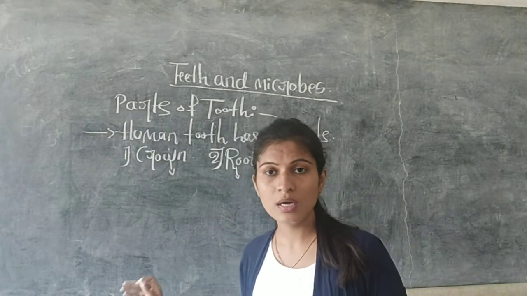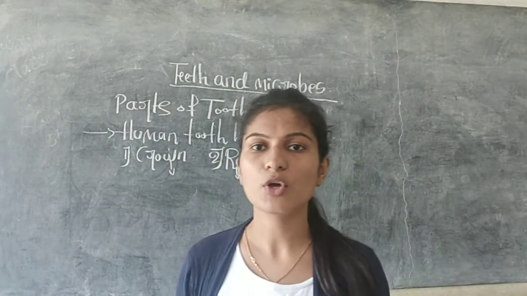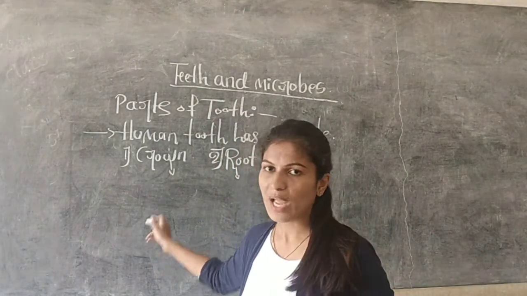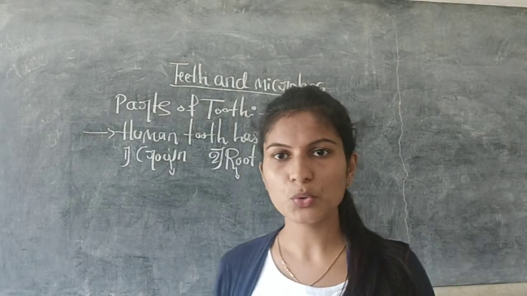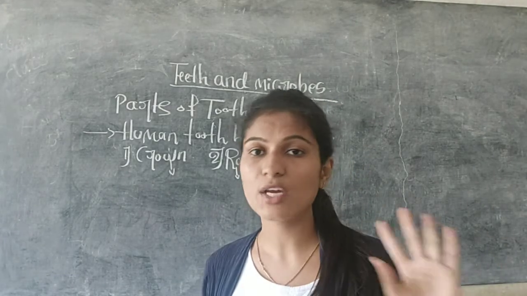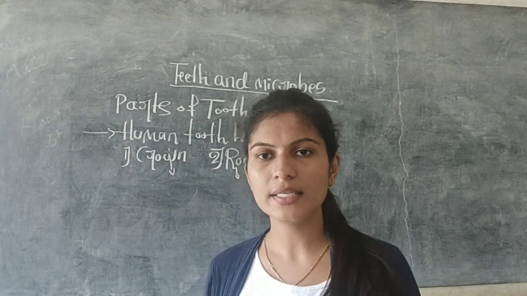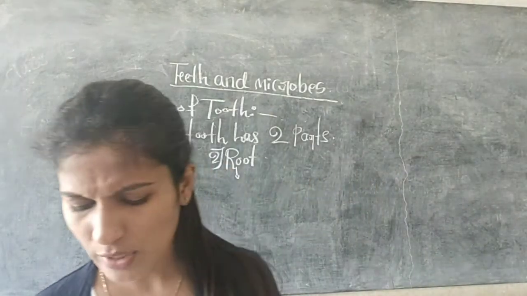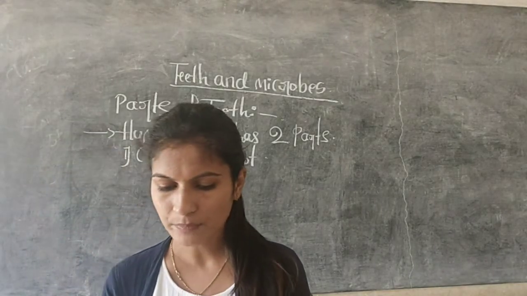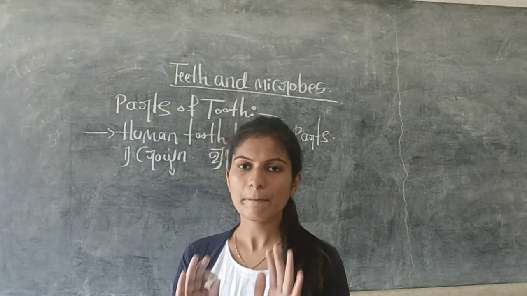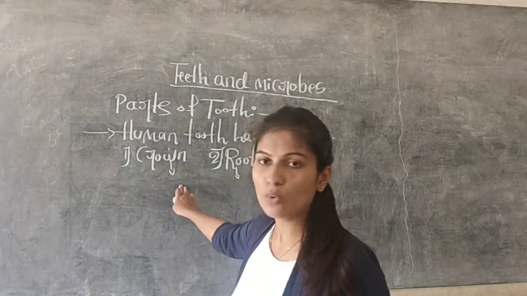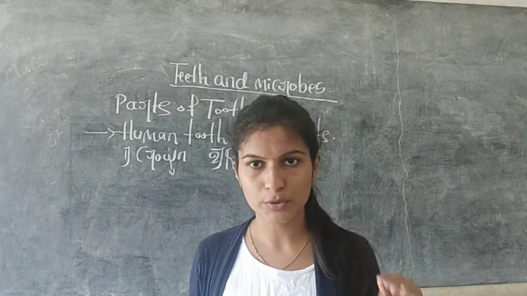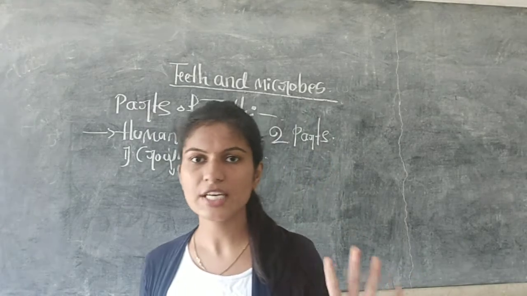The visible part of a tooth that we can see when we smile is called the crown, and the part of a tooth which we cannot see but which is present inside the gum is called the root. In simple words, just remember that the crown is the visible part of the tooth and the root is the invisible part of the tooth.